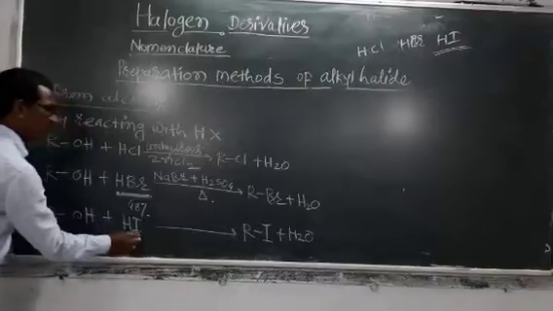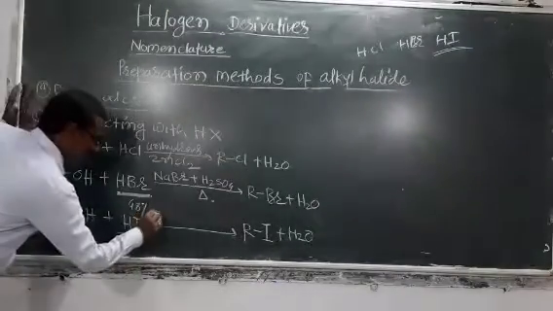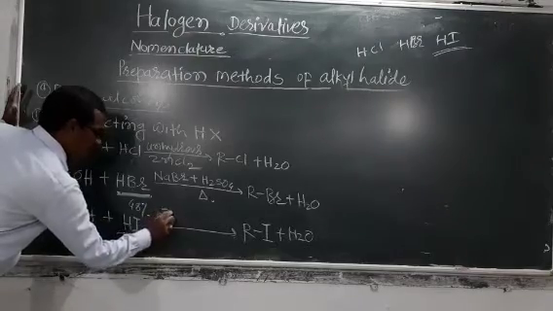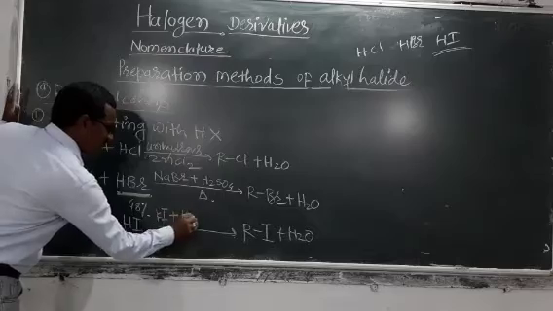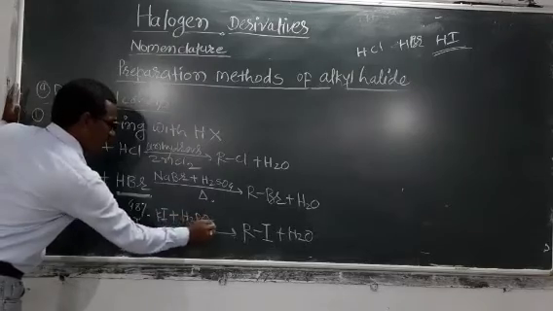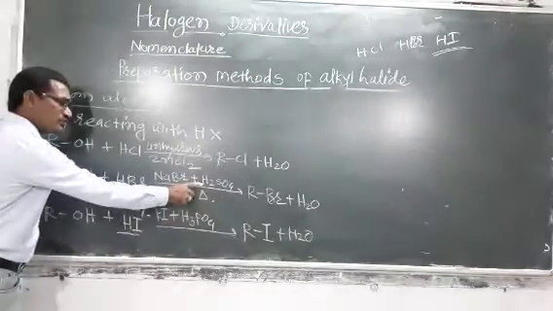Here also we have to prepare HI by reacting potassium iodide or sodium iodide with H3PO4. Here we use H3PO4 and not H2SO4.